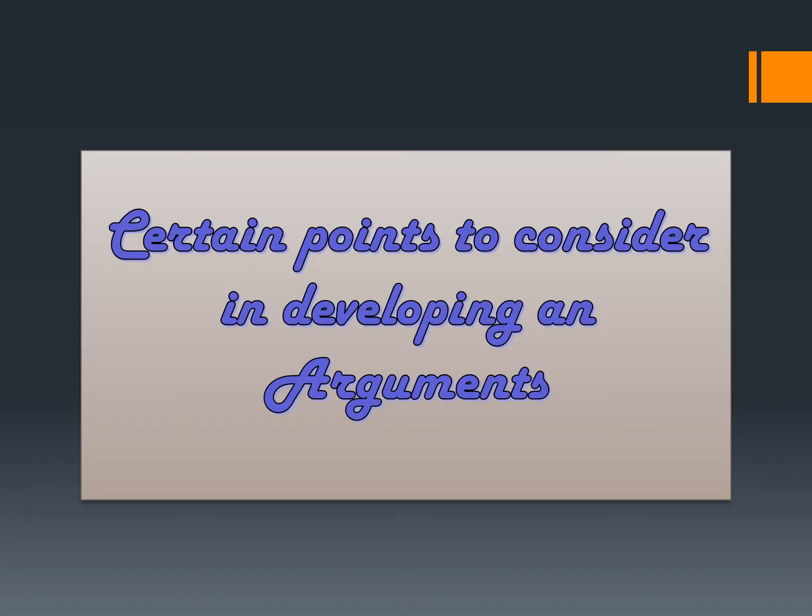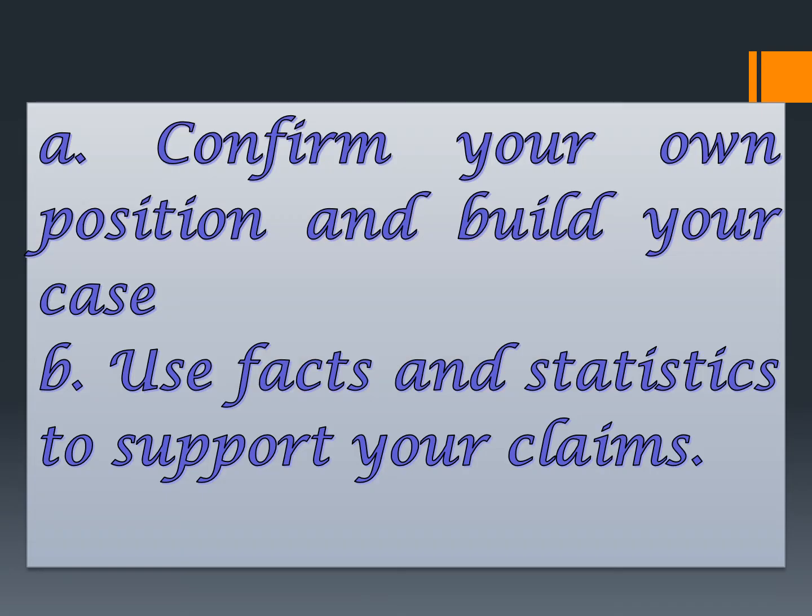So, there are certain points that you need to consider in developing an argument. A. Confirm your own position and build your case. B. Use facts and statistics to support your claims. So, as you see, your own positions should be built up in a case using facts and statistics and everything that supports what you are saying.